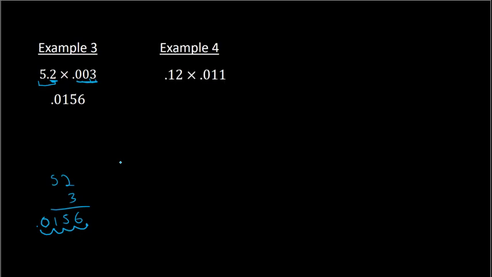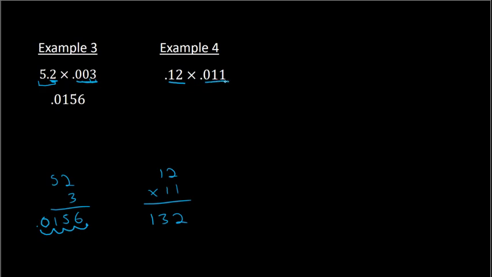Example 4, we have 0.12 times 0.011. For this one, we have 12 and then 11 as the numbers we're multiplying to figure out our digits. And 12 times 11 you should have memorized to be 132. Now the question is, where does the decimal point go? Well, here we have 2 digits after the decimal point.